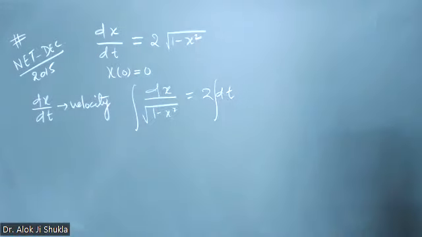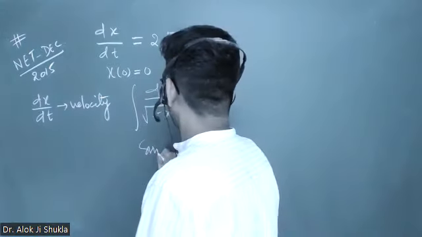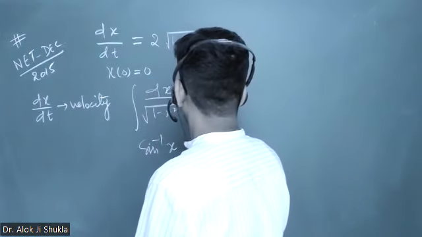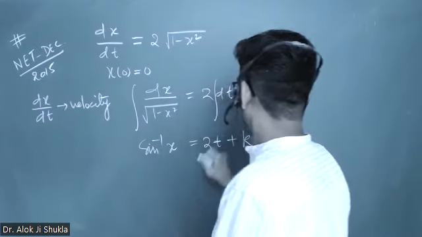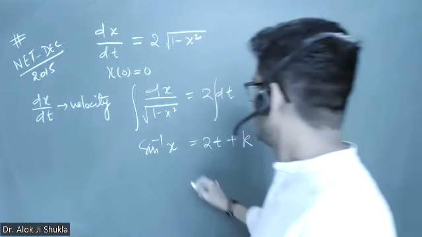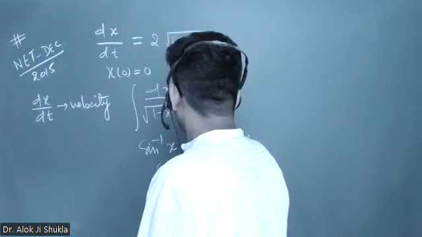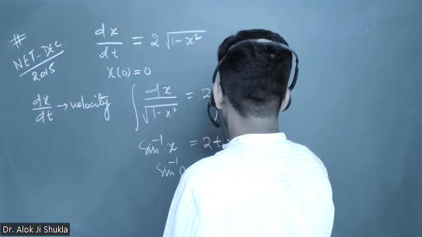So what will this become? Integral of dx by root of 1 minus x square is sine inverse x. So it is sine inverse x is equal to 2t plus k. Now at x is equal to 0, t is 0. So sine inverse 0 is 2 into 0 plus k.